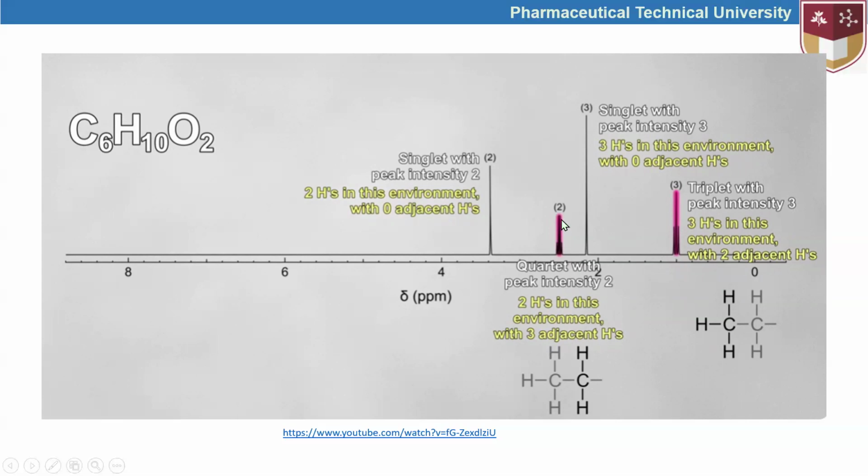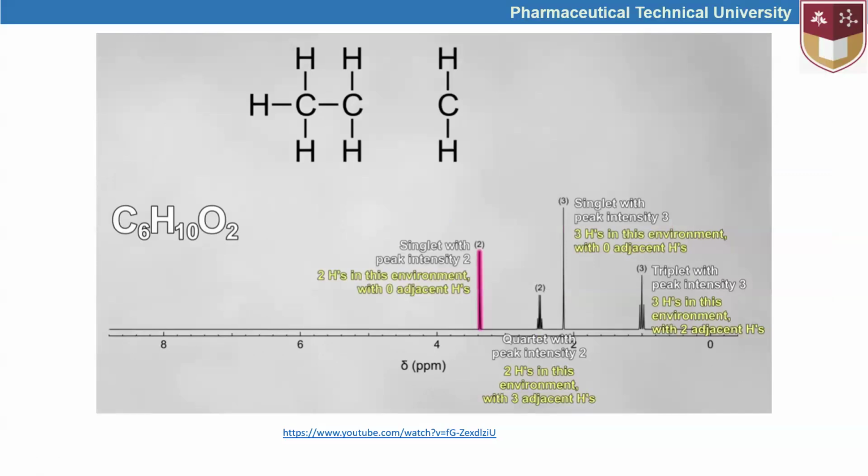Since it is quartet, we know it has 3 adjacent hydrogen atoms. So this methylene group is linked to the methyl group. And this methyl group, holding 3 hydrogens, is linked to the methylene group because it has 2 adjacent hydrogens, leading to the formation of triplet. Okay, good. Next.